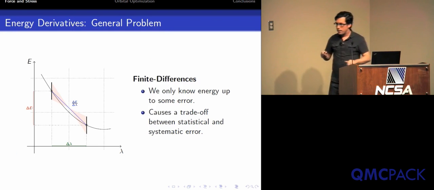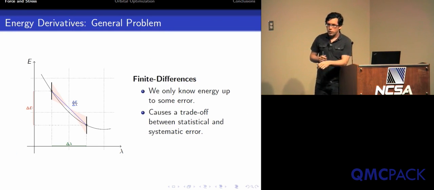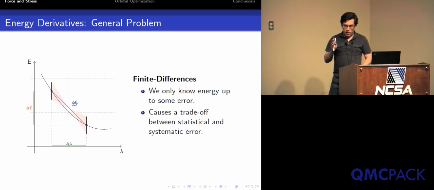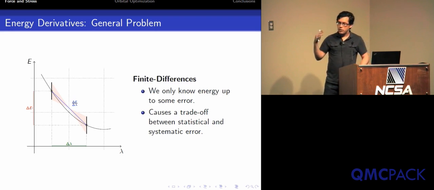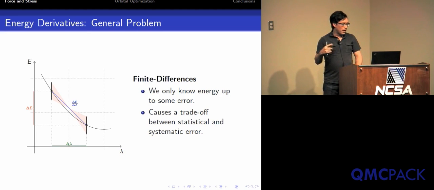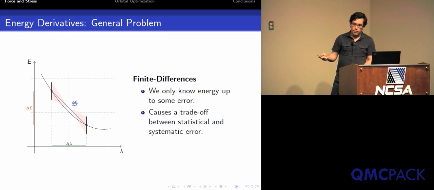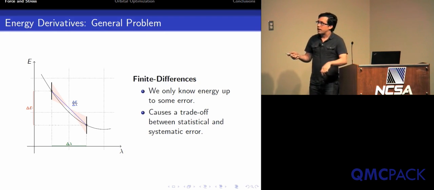So, okay. What's the problem with just calculating these things immediately in QMC? Well, the takeaway message for most of this conference has been the fact QMC is a stochastic method. Any quantity that you come up with, unless you have the perfect wave function, is going to come with an associated error bar. So let's say I want to compute the force on an atom.